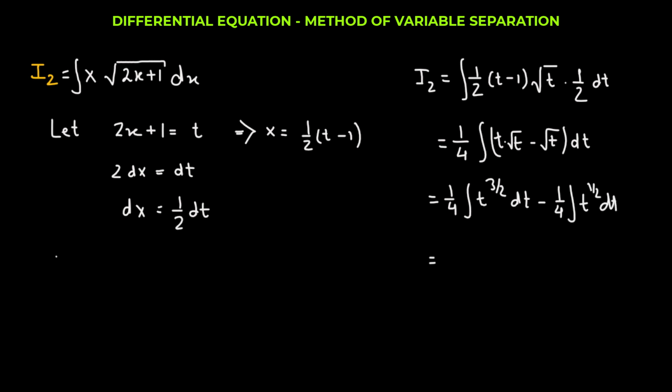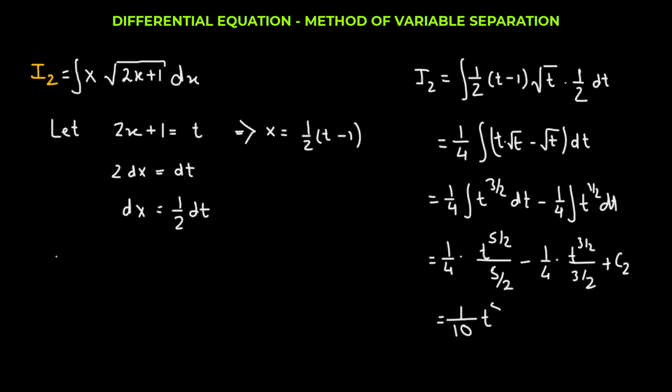Using the power rule, we have 1/4 of t raised to the power of 3/2 plus 1, which is 5/2, divided by 5/2, minus 1/4 of t raised to the power of half plus 1, so that is 3/2, divided by half plus 1, which is also 3/2, plus the constant of integration c2. That gives us 1/10 times t raised to the power of 5/2 minus 1/6 of t raised to the power of 3/2 plus c2.